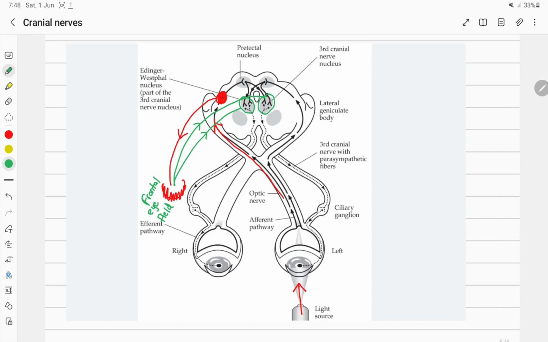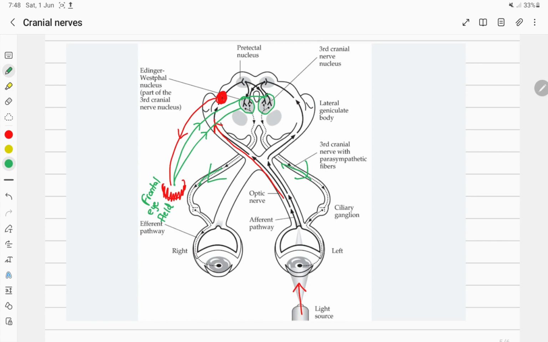From the Edinger-Westphal nucleus, the fibers come to the ciliary ganglion by this pathway. Then from the ciliary ganglion, it supplies the constrictor pupillae muscle and also the ciliary muscle.